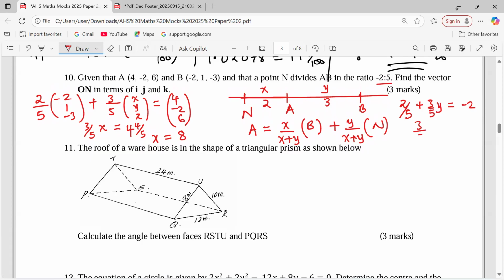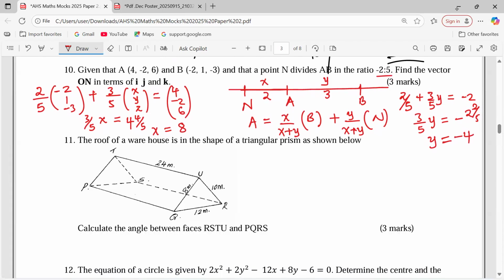So 3 out of 5y equals to -2 minus 2 over 5, -2, and 2 over 5. How would you remain with y? Let me check that. We multiply this by 5 over 3. This will give us exactly -4. Yeah, getting -4 that way.